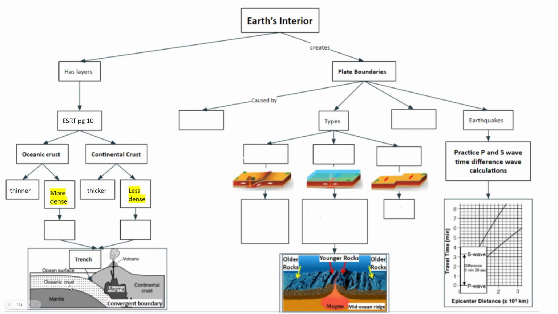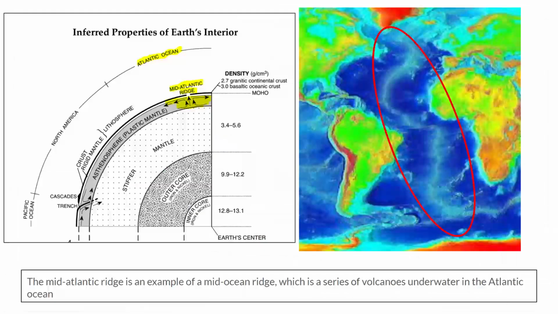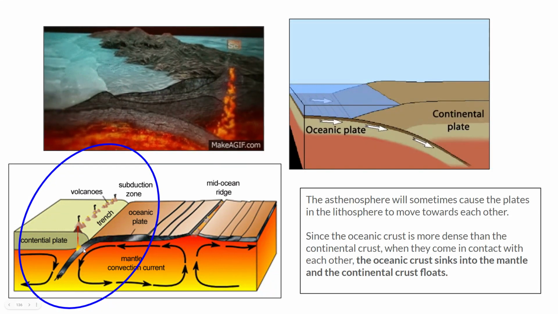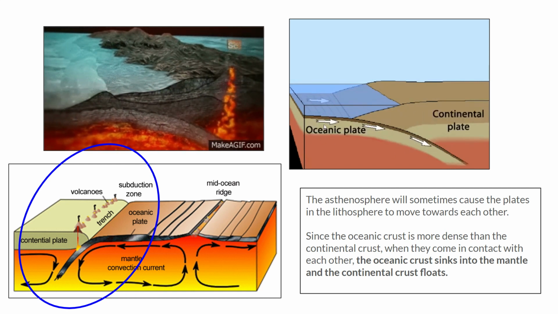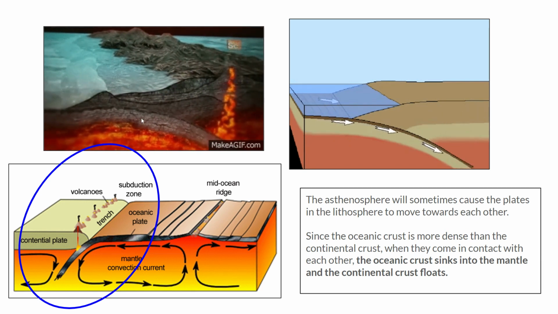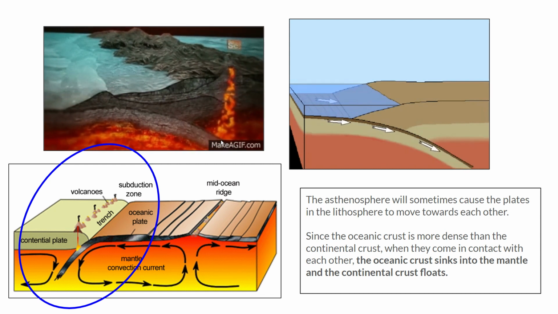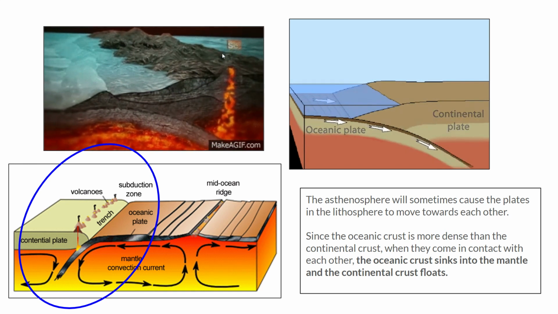So if an oceanic crust meets a continental crust when they're moving towards each other because of the asthenosphere, the oceanic crust will sink because it is more dense. So as you can see here, the continental crust will move towards the oceanic crust or vice versa, and you can see that here as well. When they meet, since the oceanic crust is more dense, it will start to sink underneath the continental crust, as you can see here. And so once it does that, since it comes in contact with the magma now, it will start to melt and form volcanoes and rise, as you can see here.